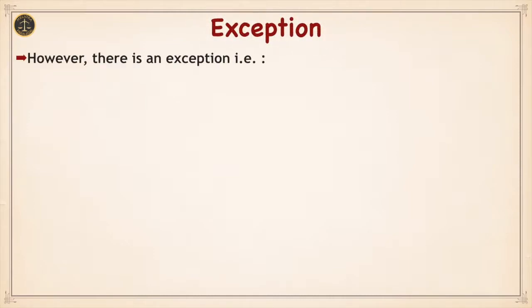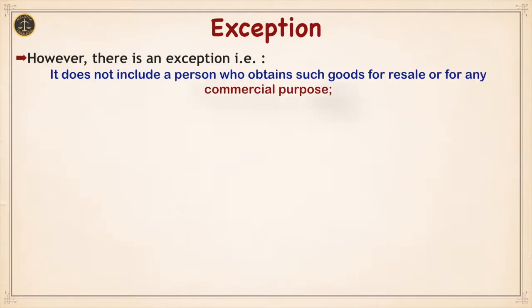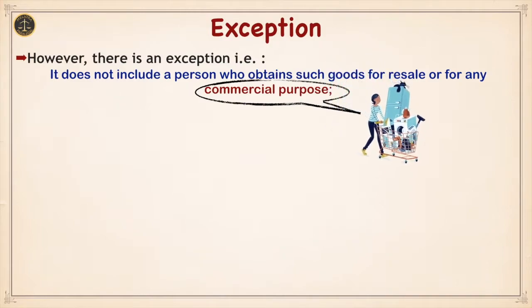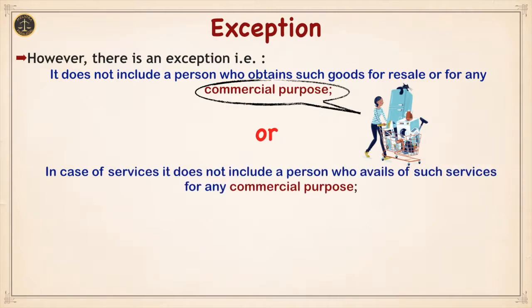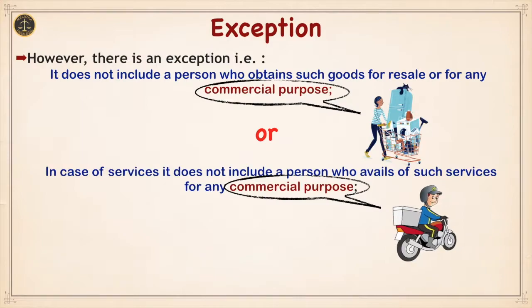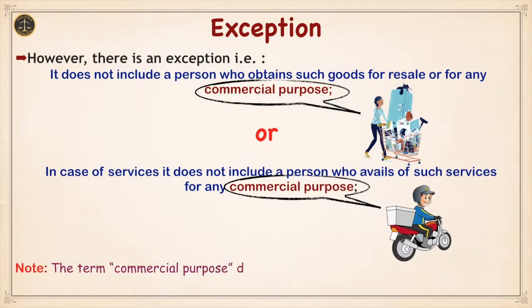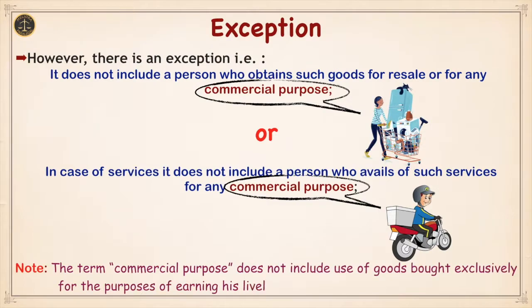It doesn't include a person who obtains such goods for resale or for any commercial purpose. Or, in case of services, it doesn't include a person who avails of such services for any commercial purpose. However, the point to be noted here is that the term commercial purpose doesn't include use of goods bought exclusively for the purposes of earning his livelihood by means of self-employment.